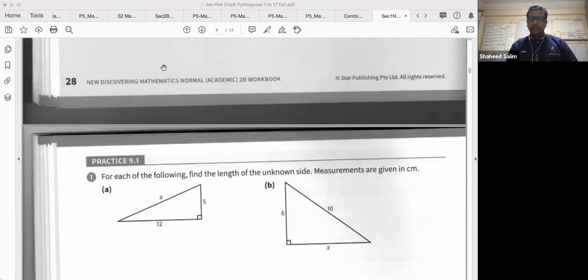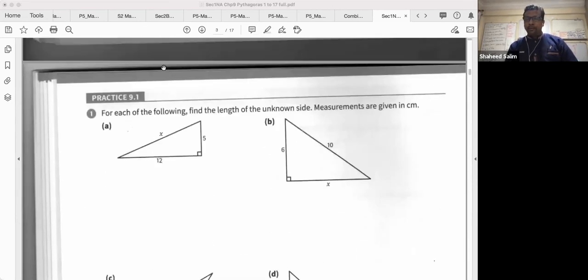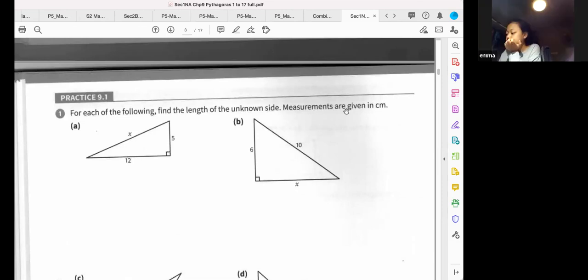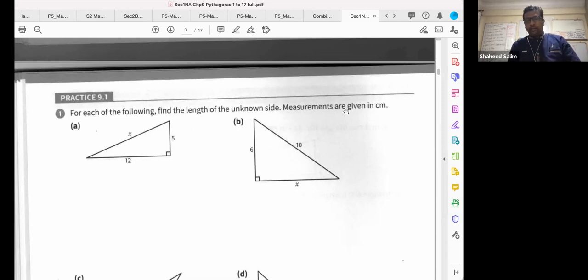Okay. Have you done this? No, right? You have not done this. Okay, good. So can we try now? Find the length of the unknown side. Okay. So can we try? 13 is good for A. What about for B?